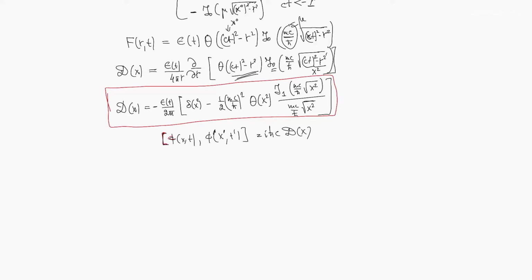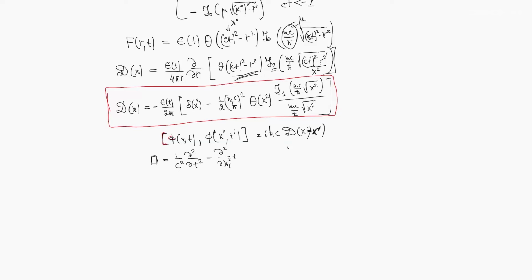You can then show that since x' and t' are different from x and t, you can act on both sides of this relation with a wave operator, with the Klein-Gordon operator, which is (1/c²) ∂²/∂t² − ∂²/∂xᵢ² + (mc/ħ)². You can act on both sides.